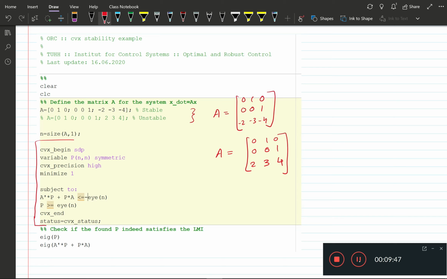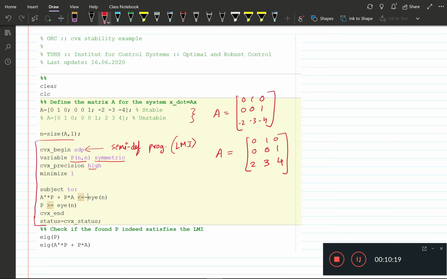We first say that this is a semi-definite program, which is basically another term for constraints in the form of linear matrix inequalities. We define the variable P, which is what we want to find, as an n by n matrix and symmetric.